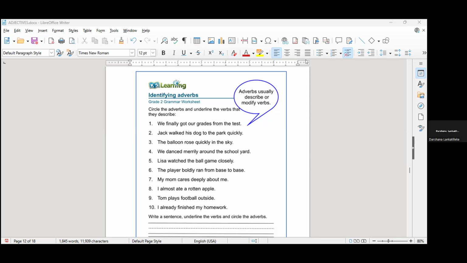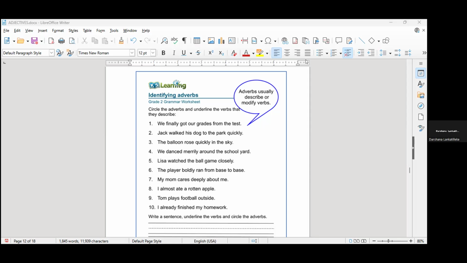Okay, we finally got our grades from the test. So the verb is got, finally is the adverb, okay? Correct. Then, Jack walked his dog to the park quickly.